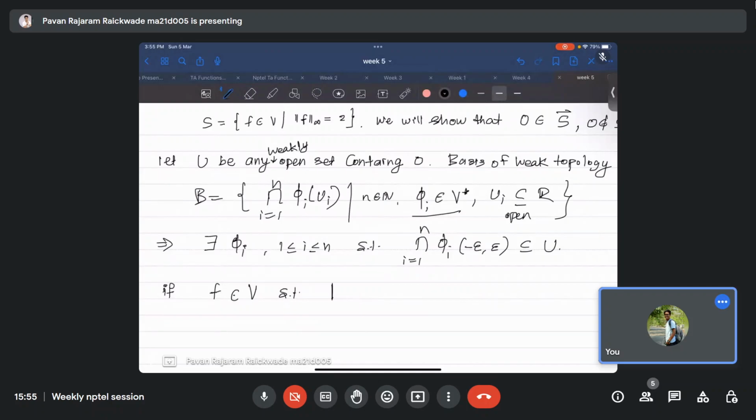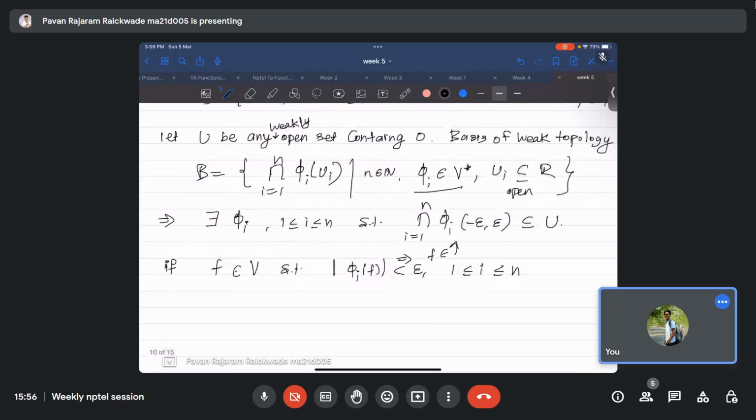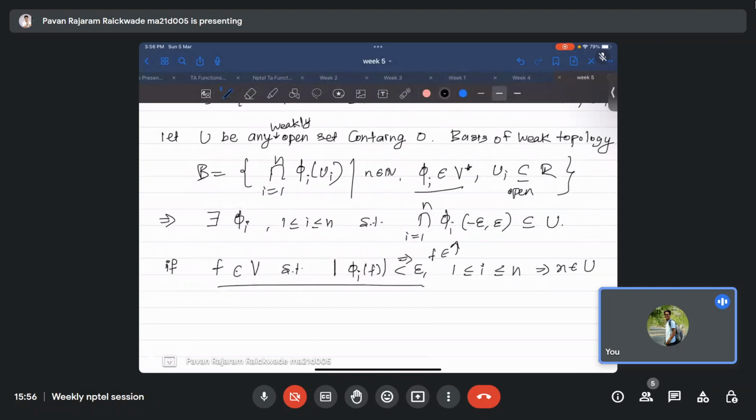So if f belongs to V such that modulus of phi_i of f is strictly less than epsilon for 1 less than or equal to i less than or equal to n, this simply means f belongs to this intersection, because phi_i of f belongs to minus epsilon to epsilon for all i going from 1 to n. And this implies f belongs to U, right? That's all we know.